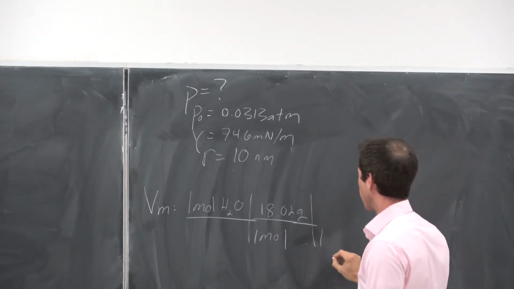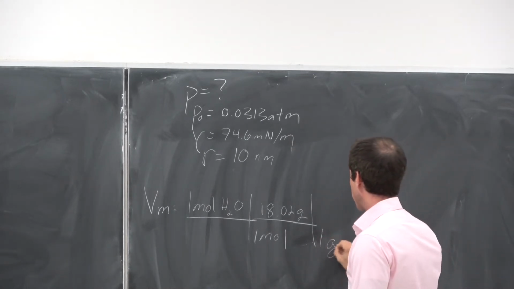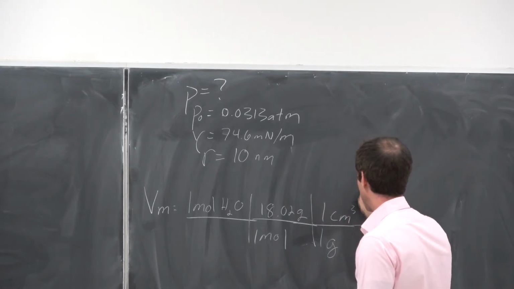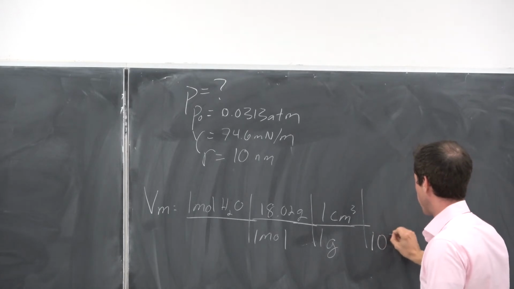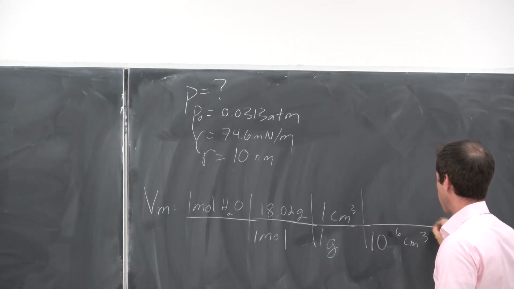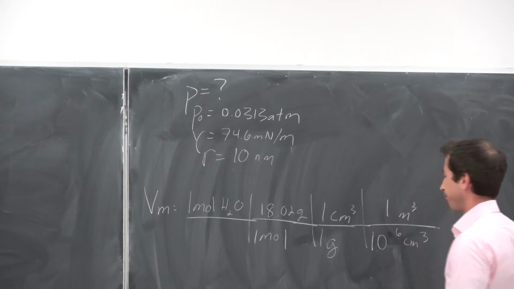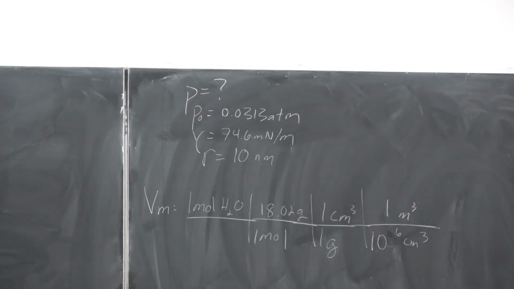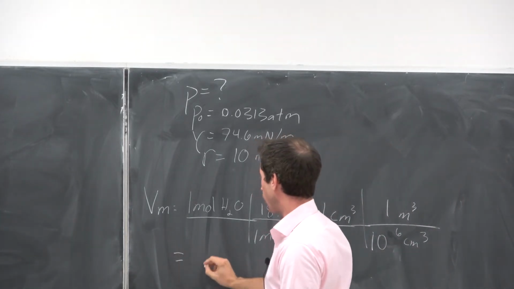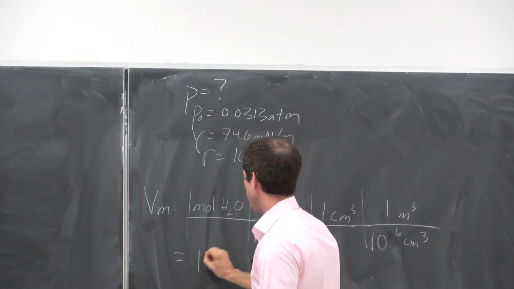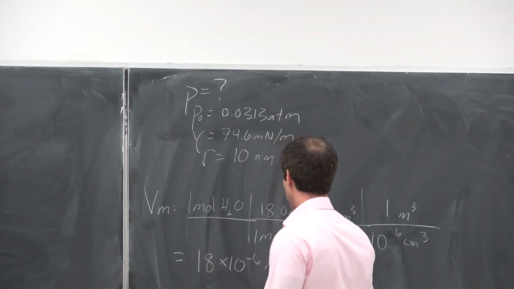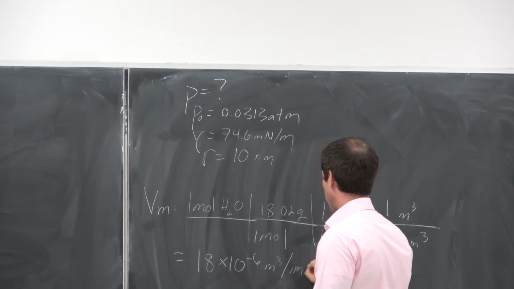And 1 gram is 1 centimeter cubed, and 10 to the 6th centimeter cubed is 1 meter cubed, right? So the space that 1 mole of water occupies is 18 times 10 to the negative 6th cubic meters per mole.